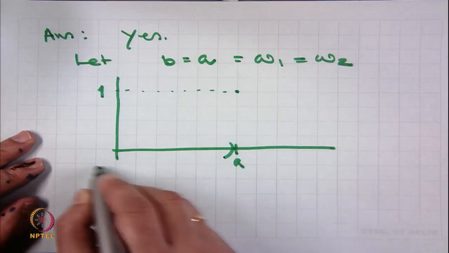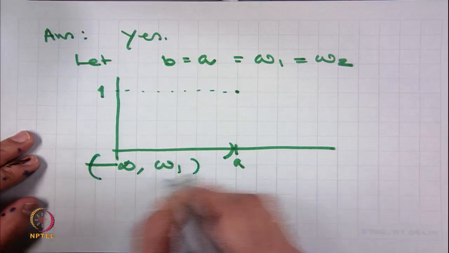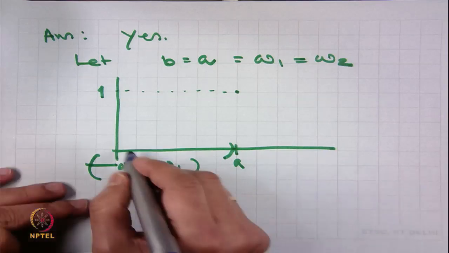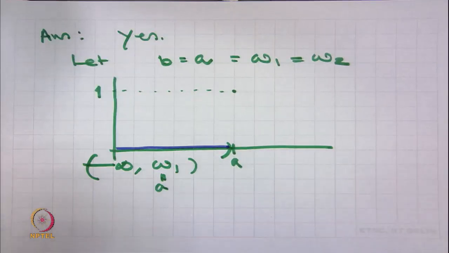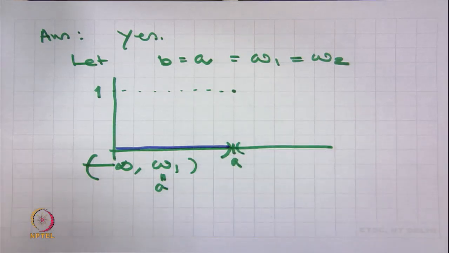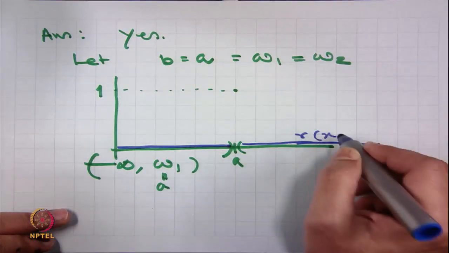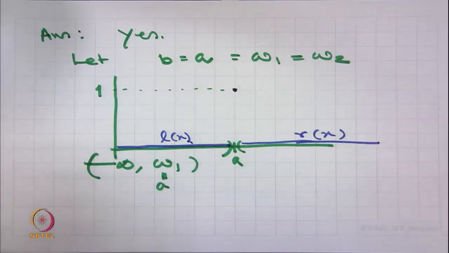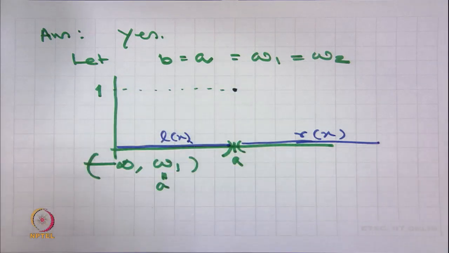In this interval minus infinity to W1, where W1 is same as a, Lx is 0, and similarly in the interval W2 to infinity, Rx is 0, and thus we get only a singleton point in the support of the set A, which has full membership 1 to the set.